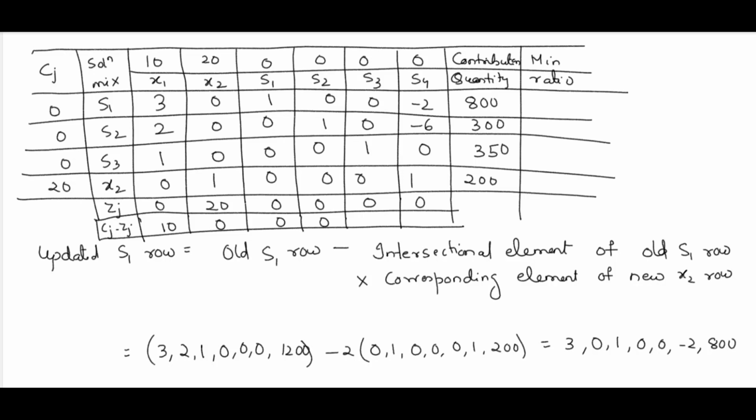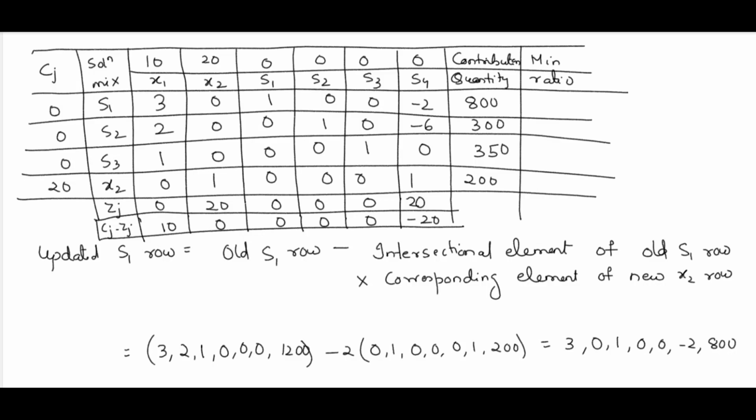Likewise you will put it, and here it is 0, it is 0. And for S4 it is 20 into 1, 20, and 0 minus 20, it is minus 20.